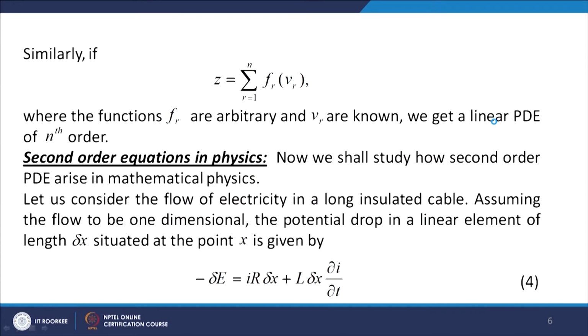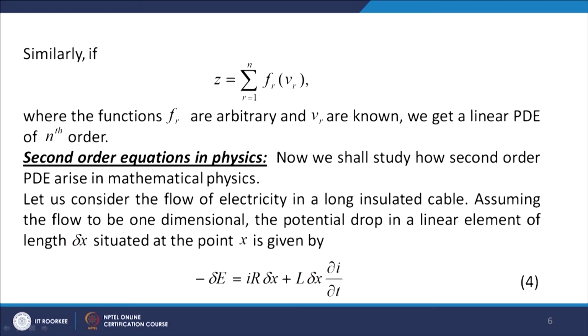Now, second order equations in physics. Let us see some physical phenomena and see how the second order equations originate in that. So suppose we have a long insulated cable, and we are considering the flow of electricity in that.